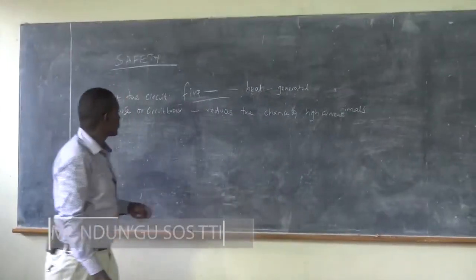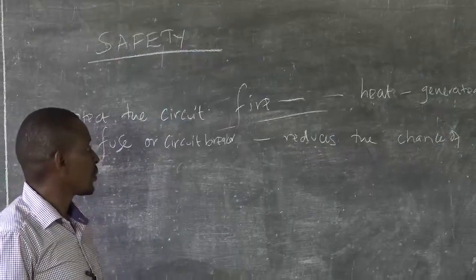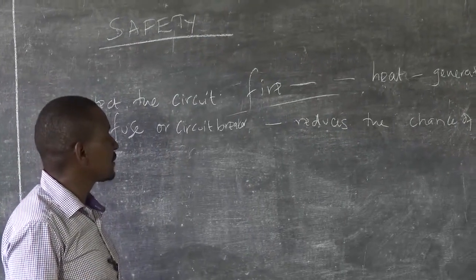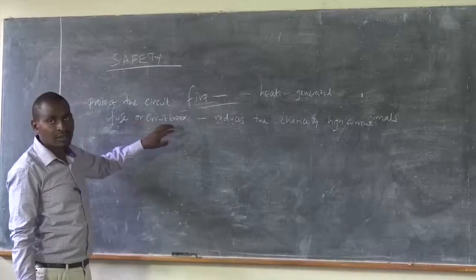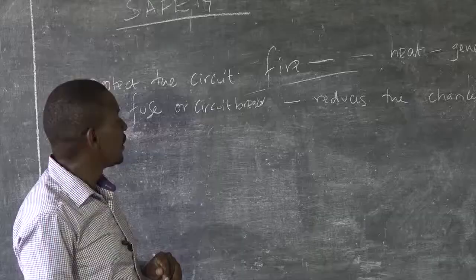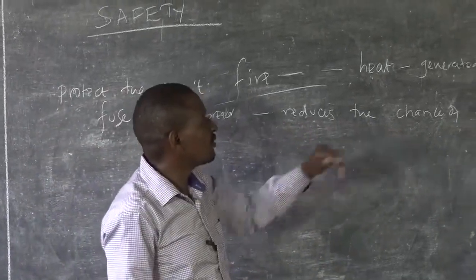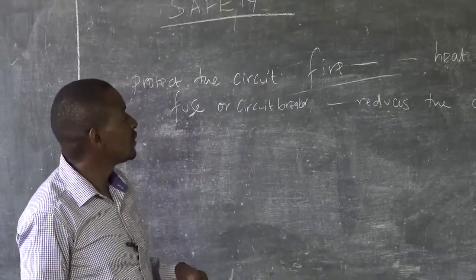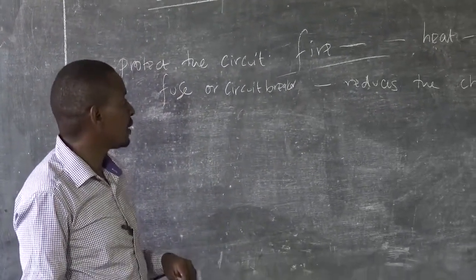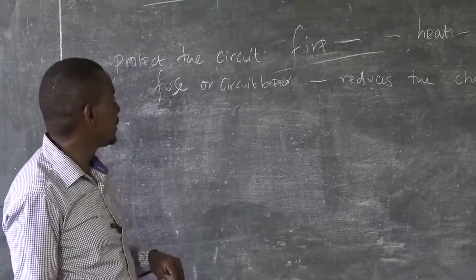That is number one. So all the circuits that we are connecting electricity to should always be protected by a fuse or a circuit breaker, so that we reduce the chance of a very high current flowing, which would result in heat being generated and fire being the end result.